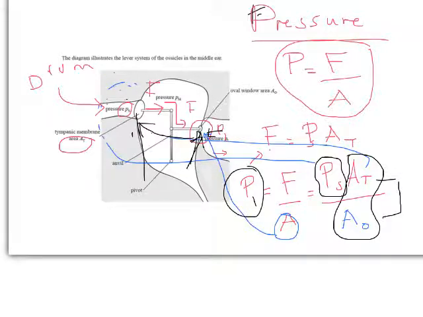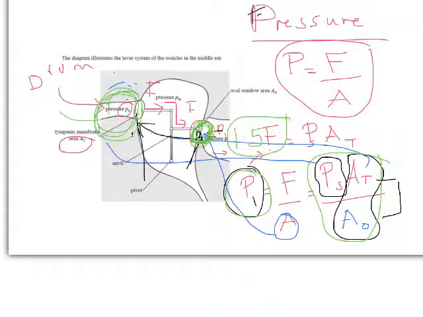If on top of this you add what I previously told you, you'll get an even greater result here in your formula, because if the force magnifier has made the force greater by a factor of 1.5, then your new pressure here at the oval window is going to be the ratio of the areas times the pressure that you had incoming from the eardrum times that factor 1.5.